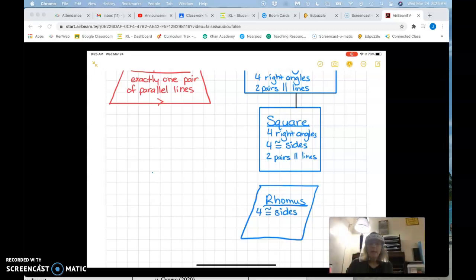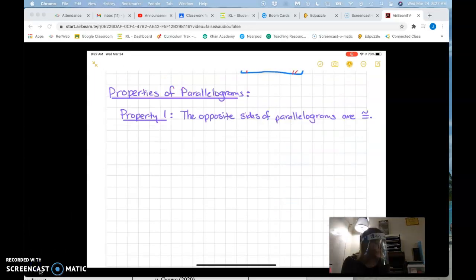And opposite angles in rhombuses are congruent. So this angle would be equal to that angle, and then this angle is going to be equal to that angle. And then it has the other features of a parallelogram, 2 pairs of parallel lines. Opposite sides are parallel.